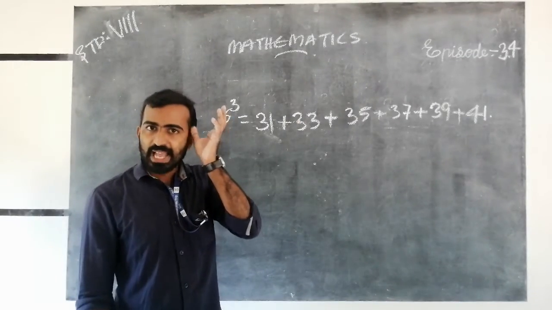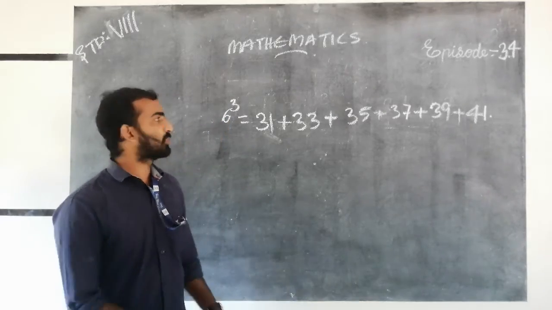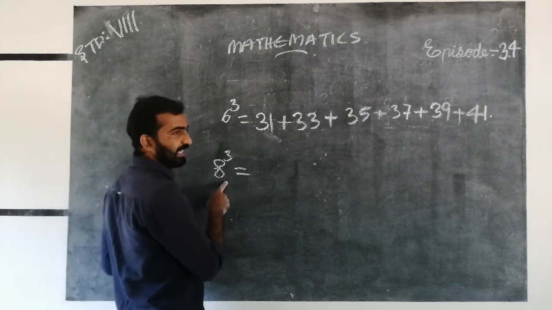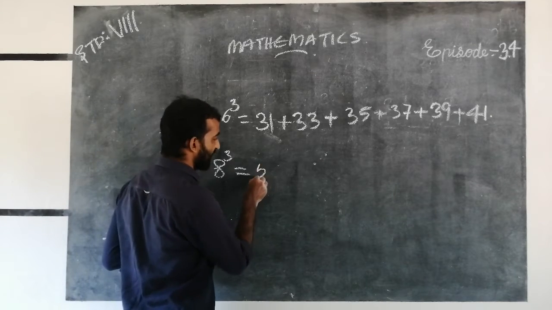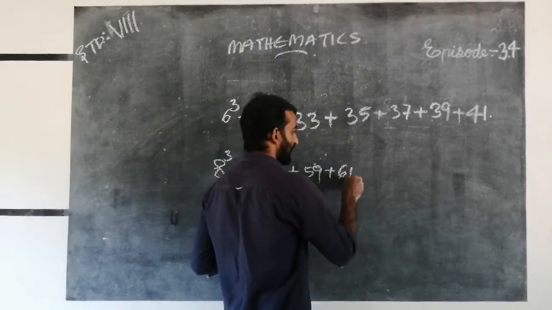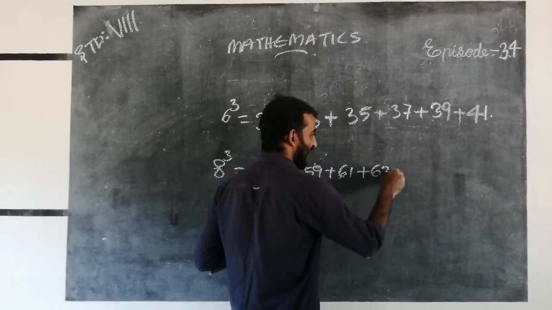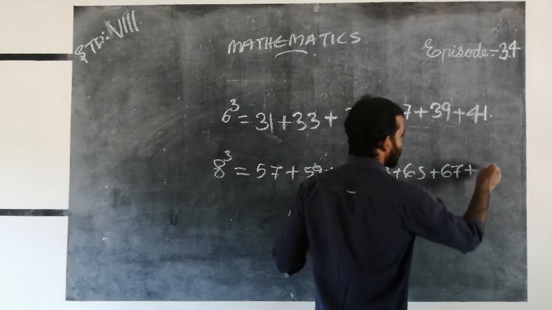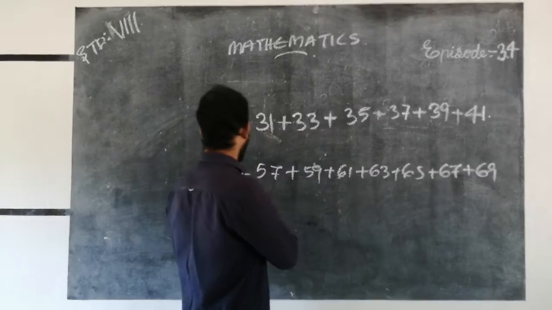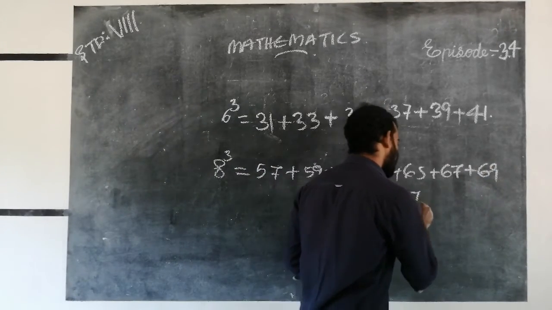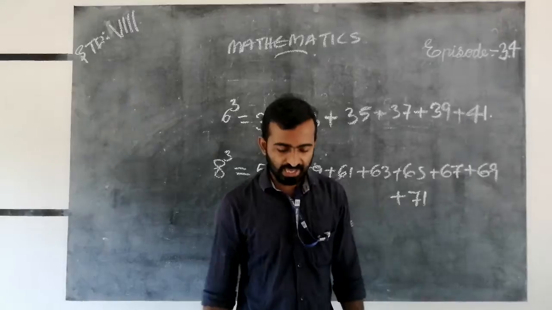Next is 8 cube. That is 8 into 7, 56, so we start from 57: 57, 59, 61, 63, 65, 67, 69, and at last 71.